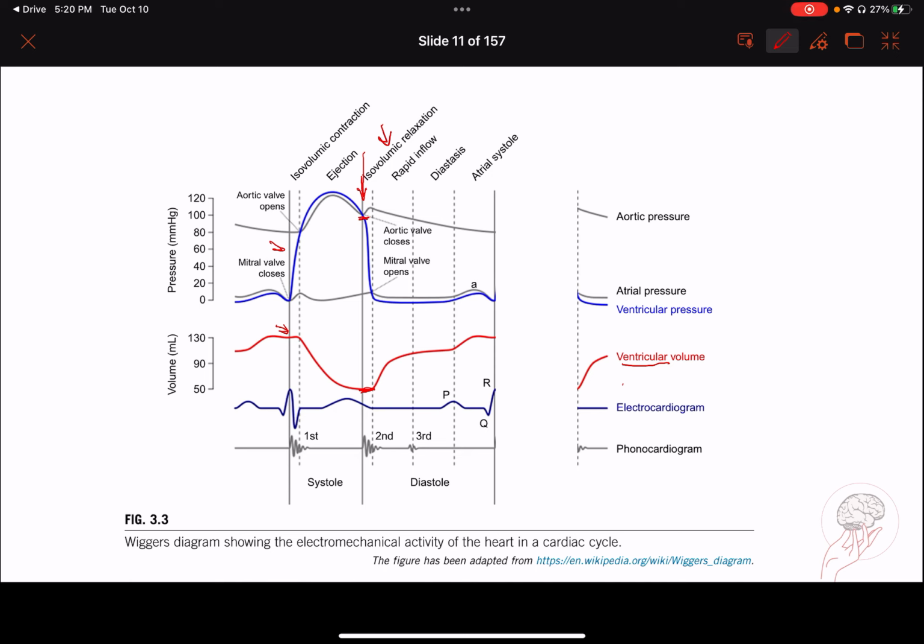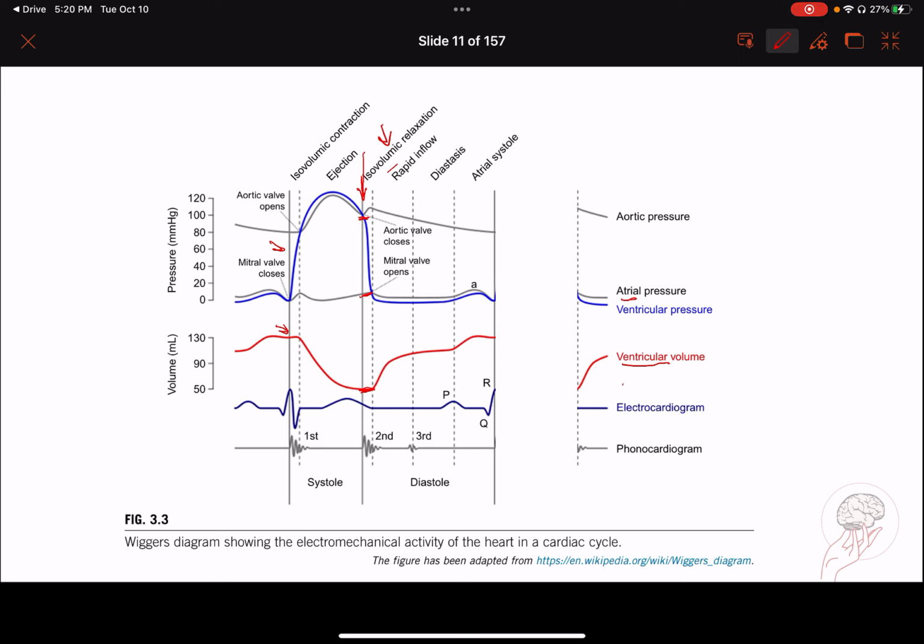Right around here, the aortic valve closes because we want it to close when we start relaxing. So aortic valve closes, isovolumic relaxation. If we look down here, atrial pressure is starting to increase.